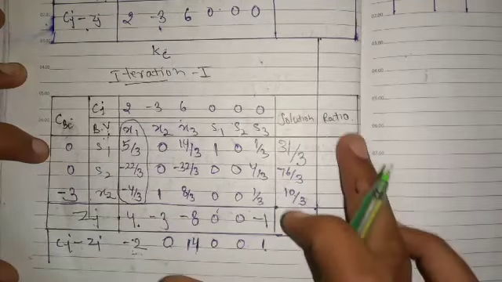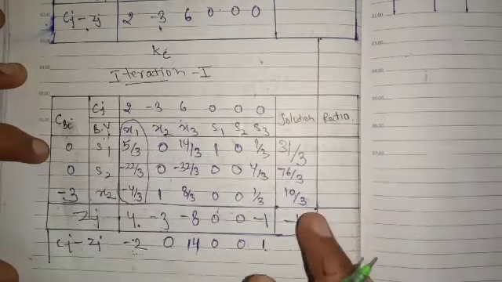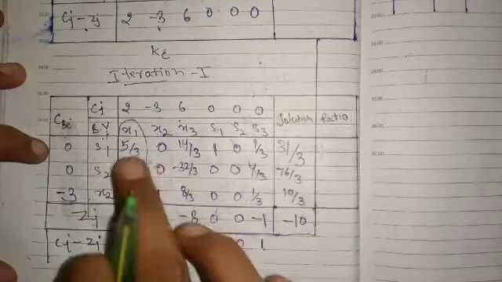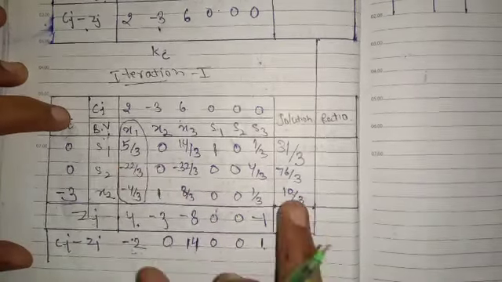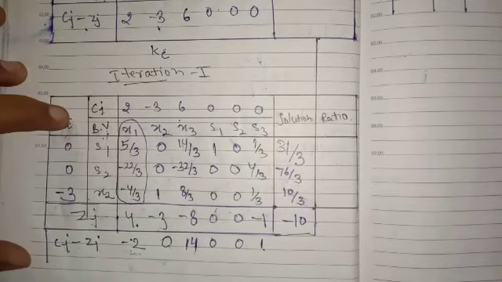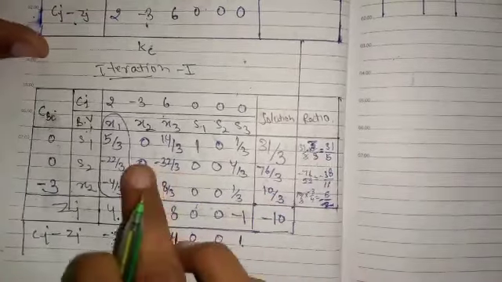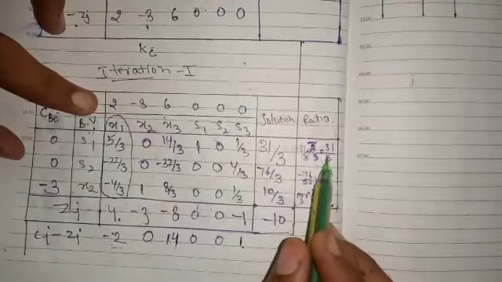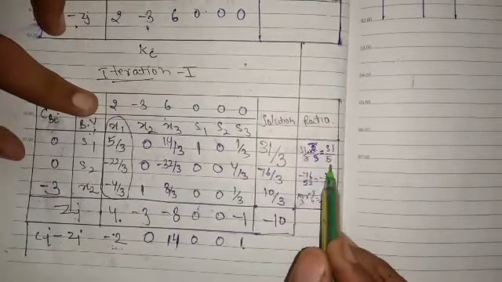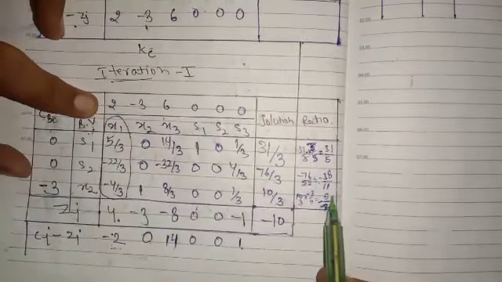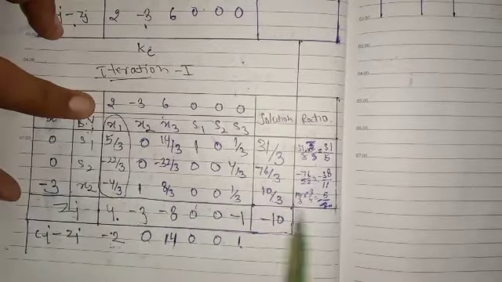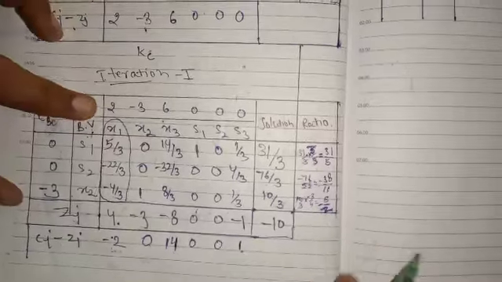And now find the ratio. For the ratio, this value is divided by this column value, and so on. The ratio values are here. This divided by this, we get 31 divided by 5, and this value divided by this we get minus 38 upon 11, and this divided by this we get minus 5 by 2.